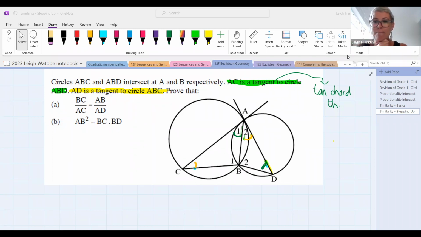That's it. Bang on. Beautiful. Absolutely perfect. They have not told us which triangles to prove are similar. Exactly. We haven't been asked to prove similarity. So this is an extra step that we need to do before we can even begin to answer question A.